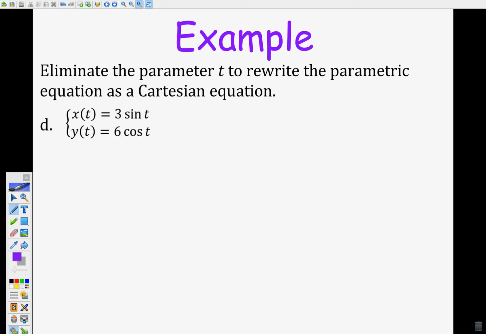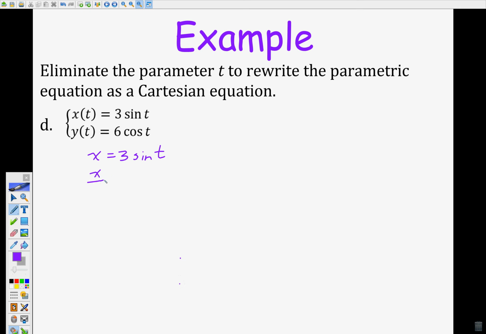Last one. And the only one that we actually do differently. So in this case, I'm going to take each one of my x's and my y's, and I'm going to solve each one of them for t. So I'm going to take my x of t equation, which is x equals 3 sine of t, and solve it for sine of t.